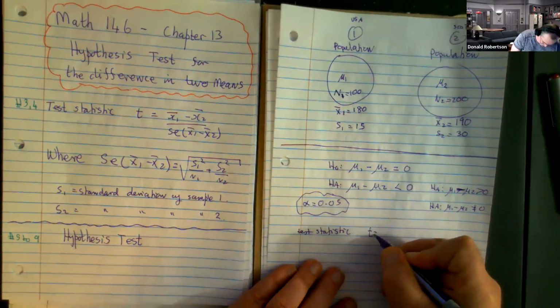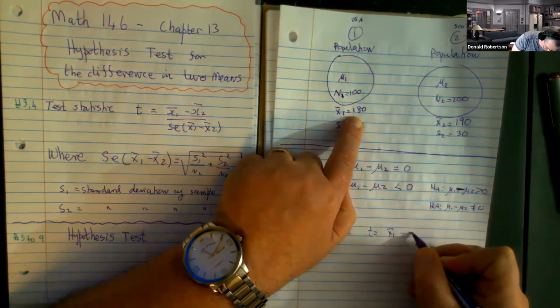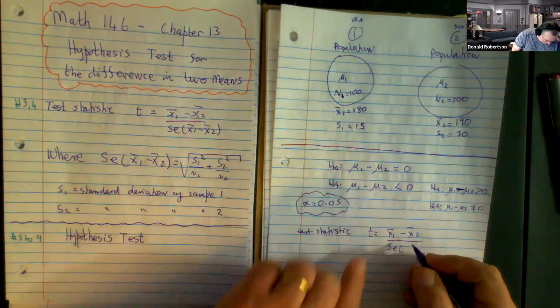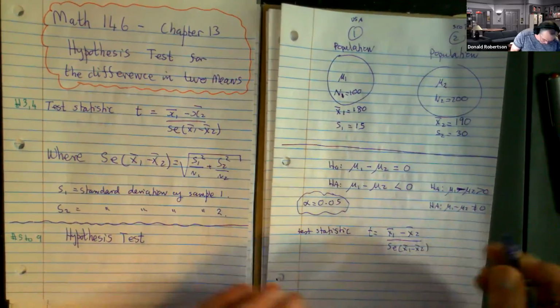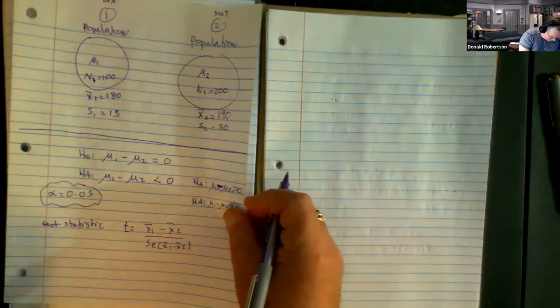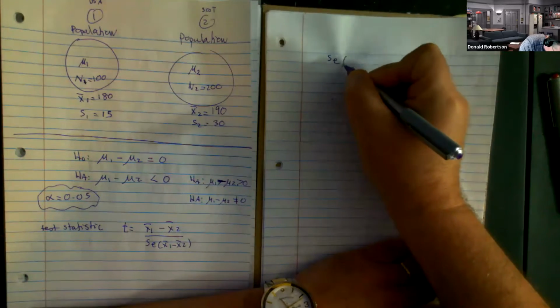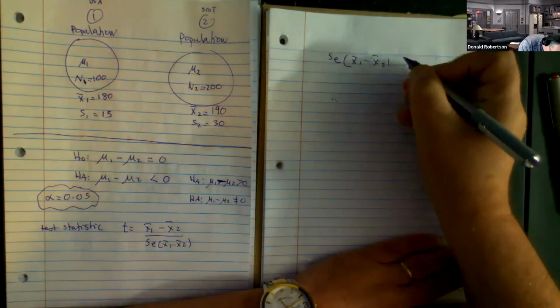T is x1 bar, take away x2 bar, divided by the standard error of x1 bar, take away x2 bar. I'll need to find the standard error, and then I'll plug the numbers in here.